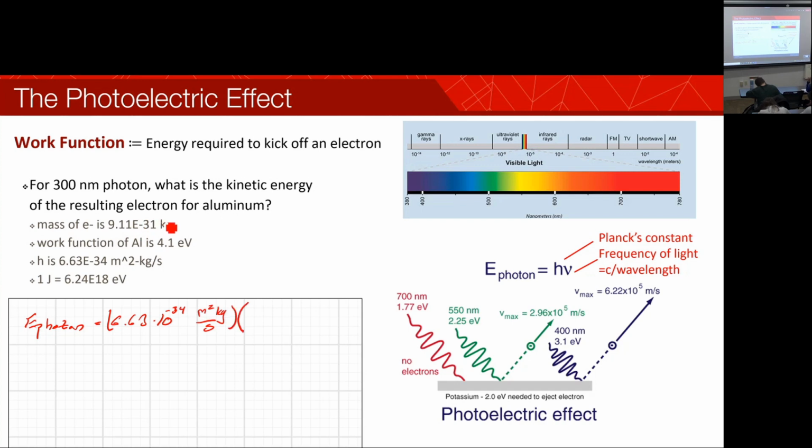And then the speed of light, since I didn't give you the frequency, I gave you the wavelength, so we need the speed of light. This is 3 times 10 to the 8th meters per second, divided by 300 nanometers, 300 times 10 to the minus 9 meters.